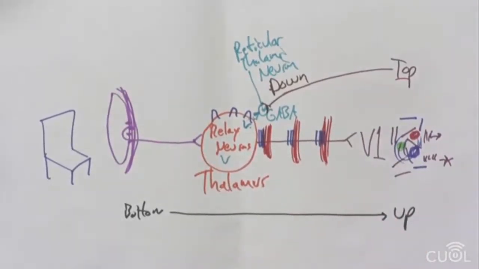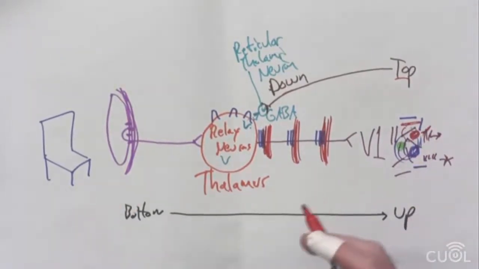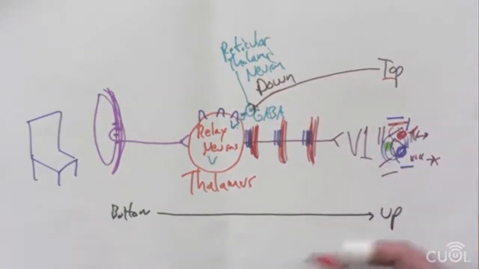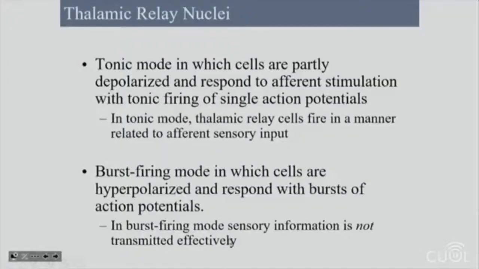Information is not being transmitted effectively. So that blue chair is now becoming maybe just a red chair, or maybe it's a couch or something else. That's an important concept to keep in mind, that burst firing mode.